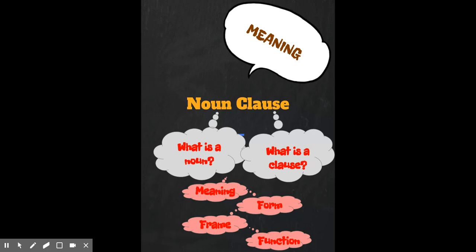Most grammarians define nouns as words that refer to people, places, things, and ideas. And basically, that's a more accurate definition of a noun because the word noun comes from the Latin nomen, meaning name. So nouns name objects, such as persons, places, things, and inanimate objects, such as ideas. So we kind of know that already.